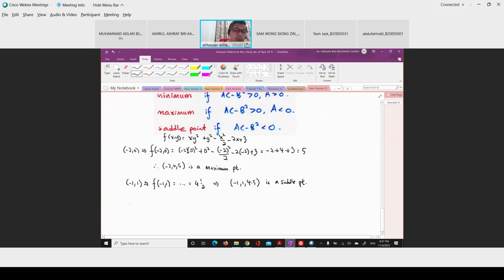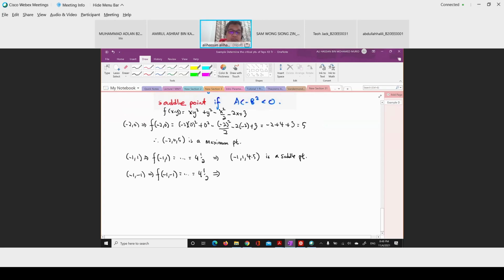The other critical point is at minus 1, minus 1. It is again equal to 4.5. I leave it to you to show the details. Minus 1, minus 1, 4.5 is also a saddle point here.